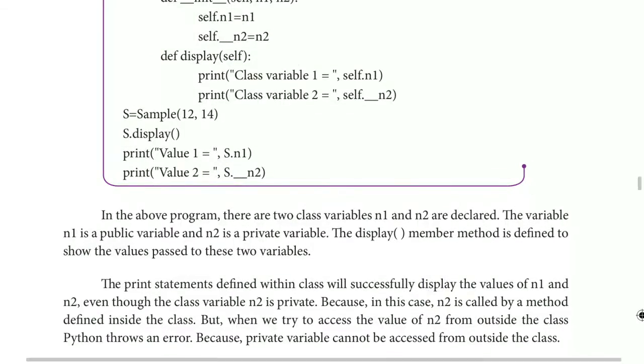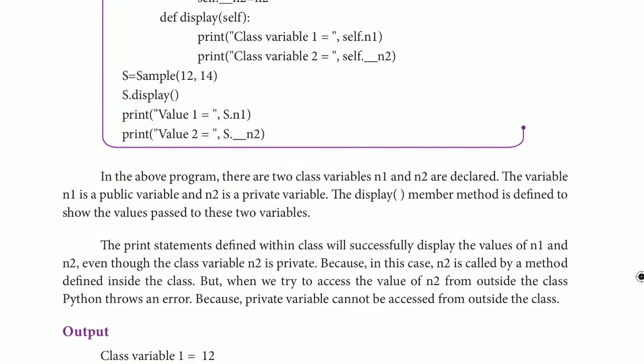The output: in the above program there are two class variables, n1 and n2, declared. The variable n1 is a public variable and n2 is a private variable. The display member method is defined to show the values passed to these two variables.